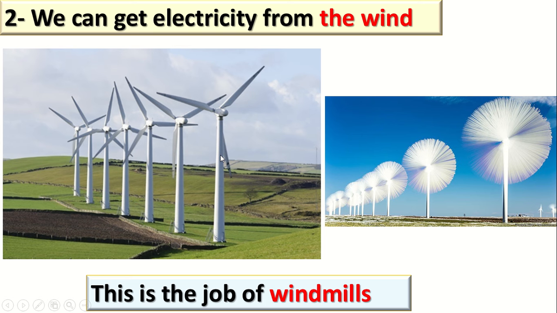How is it working? When there is wind in the air, it makes the windmills move. When the windmills move, they get energy, and take this energy and store it as electricity.